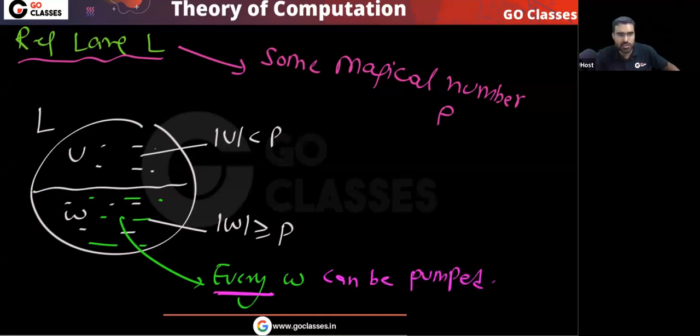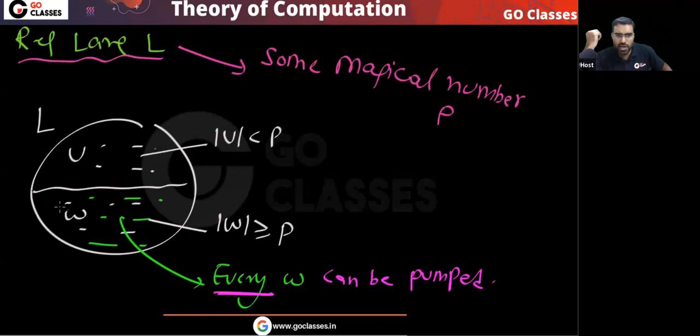Now let's see what "can be pumped" means. W can be pumped. What does this mean? First of all, can I say this W, its length is greater than or equal to P?